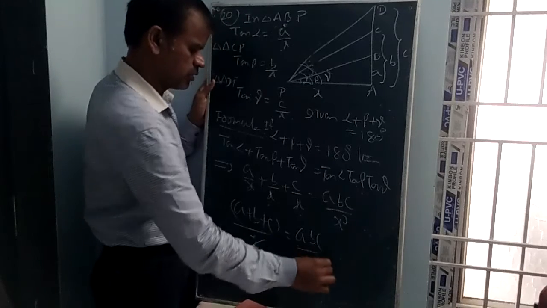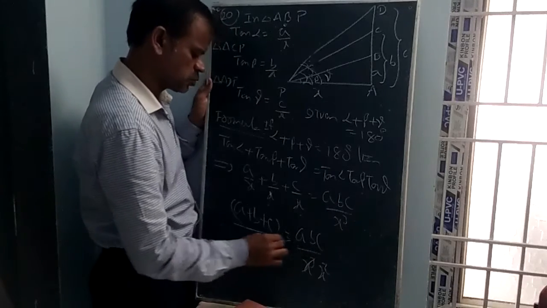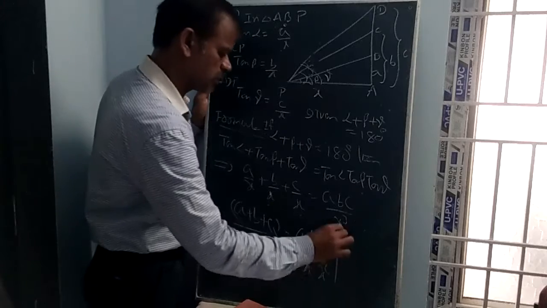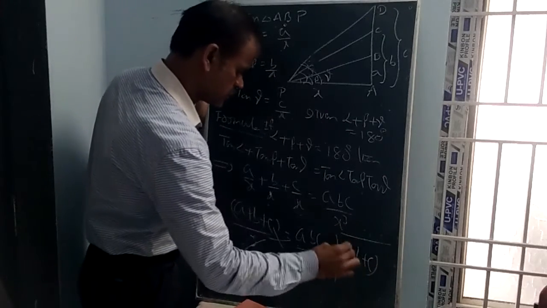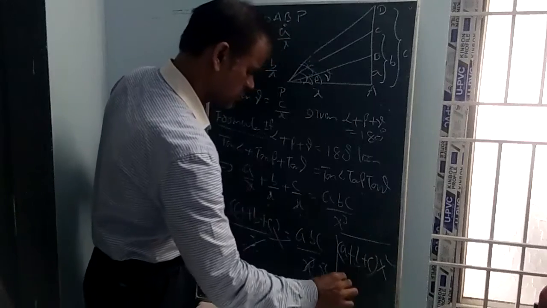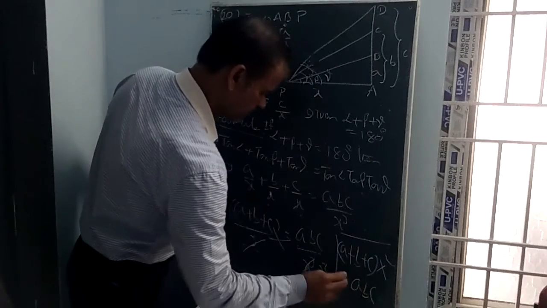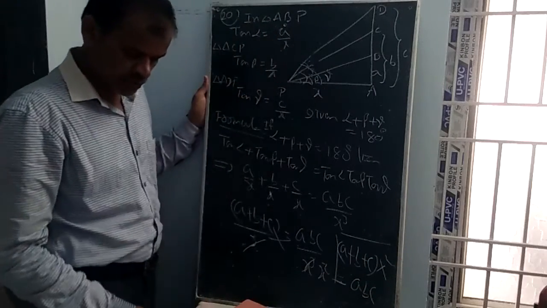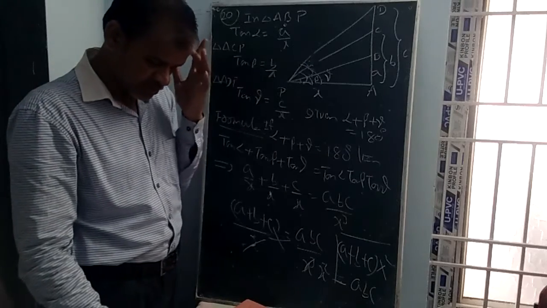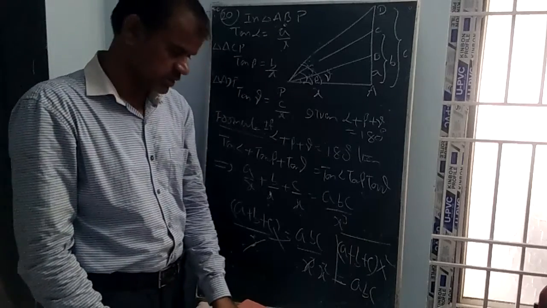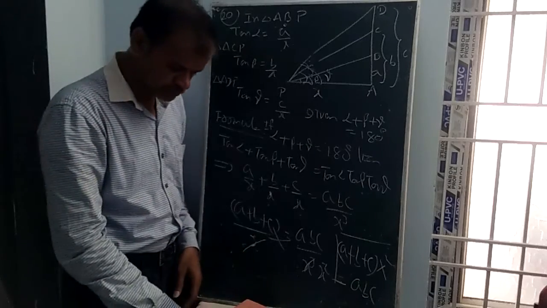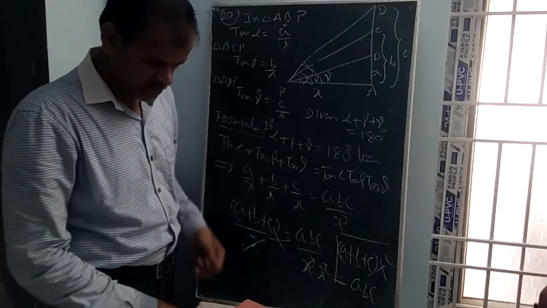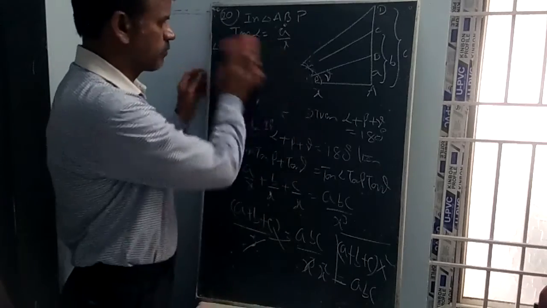This x will divide into x cube as x square times. Take cross multiplication and write like this: (a plus b plus c) into x square is equal to abc. He asked the question (a plus b plus c) into x square equal to dash. Simply abc, first option is right. 20th question, first option.